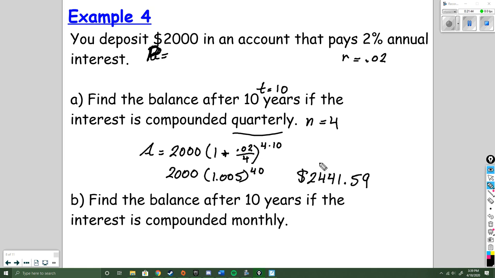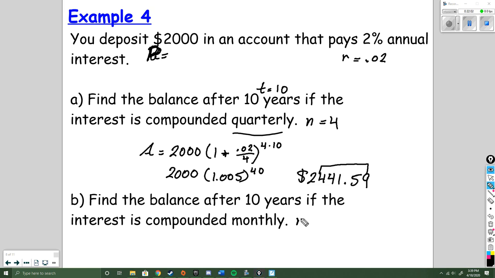So we earned $441.59 in terms of interest if we earned 2% annual interest compounded quarterly over those 10 years. Now let's say it was compounded monthly, so every month this thing would get compounded.